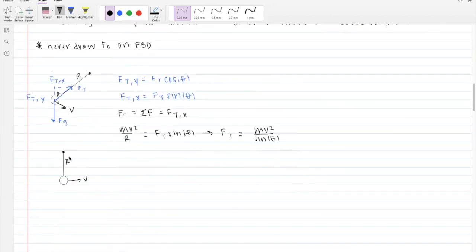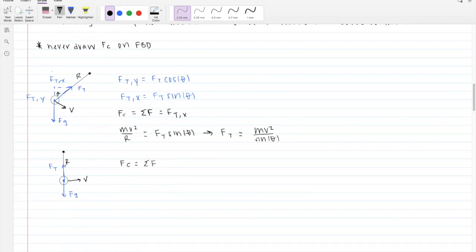Now let's look at when the ball is straight up and down and not at an angle as shown here. Still again with the same velocity v. Again, let's draw our free body diagram. So we have force of gravity and now force of tension. Again, we said that your centripetal force is equal to the summation of all your forces.